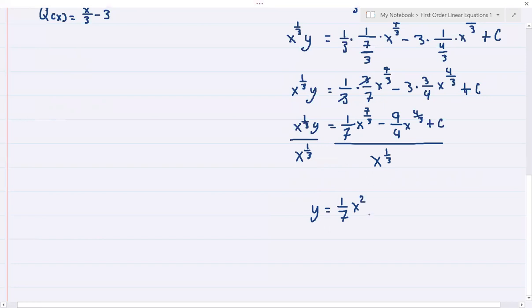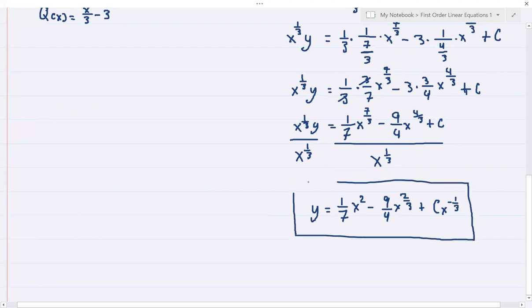Okay, this would be squared. Minus 9 all over 4 times x raised to 2 all over 3 plus c all over x raised to 1 third. Or we can have c times x raised to negative 1 third. Okay, that is your final answer.